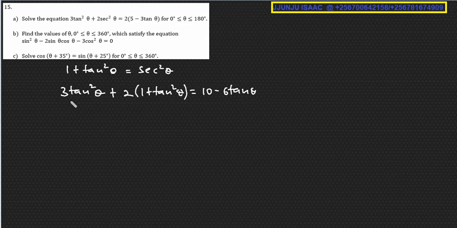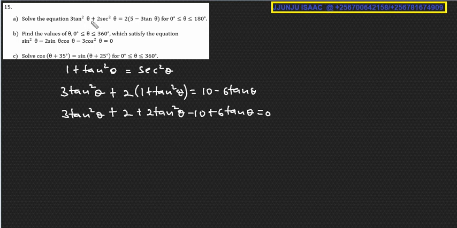Alright, so from here we are going to put everything on the left hand side so that we form an equation in tan. So let us see, this is 3 tan squared theta plus 2 plus 2 tan squared minus 10 plus 6 tan theta equal to 0.